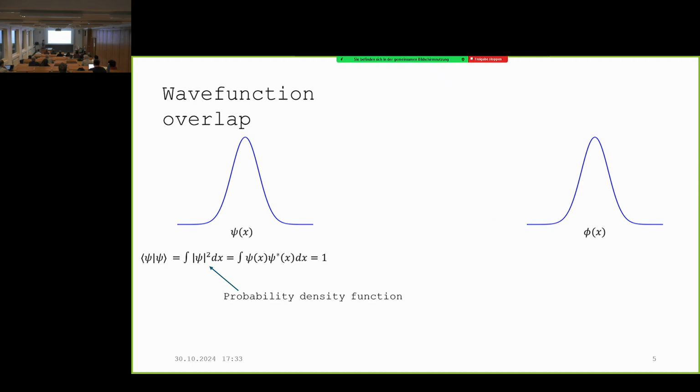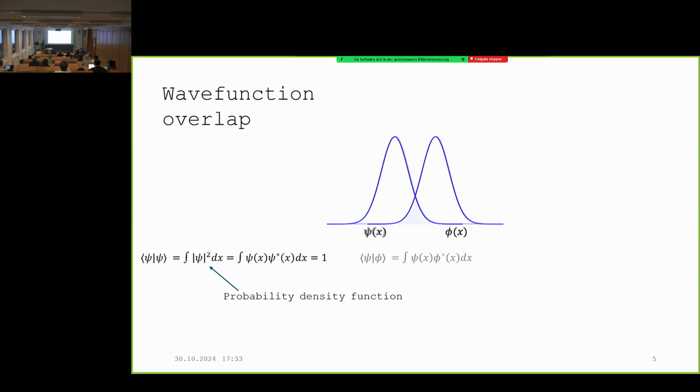Okay, so for wave function overlap, I put two free electrons separated from each other, really far away, and they're described by their wave functions. Basically, the wave functions here tell us where the electron is in space. But now what if we bring them together? When they're closer together, at some point we can see that the wave functions overlap and we have an overlap region.